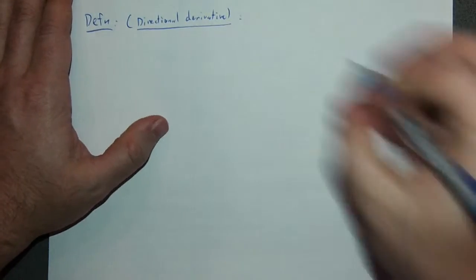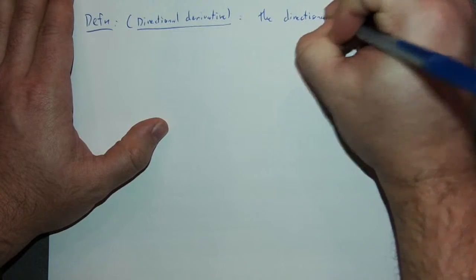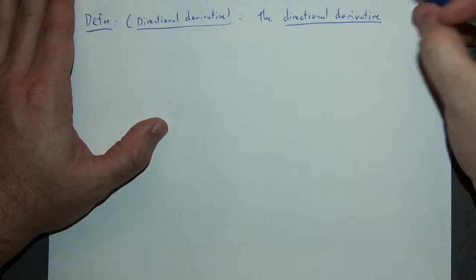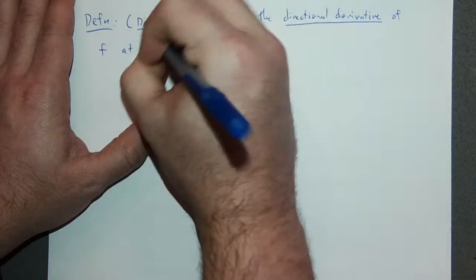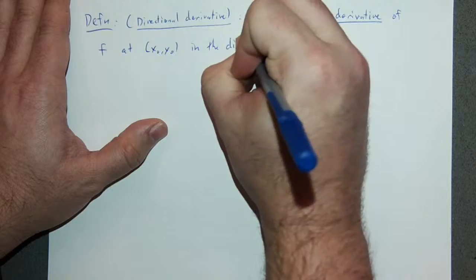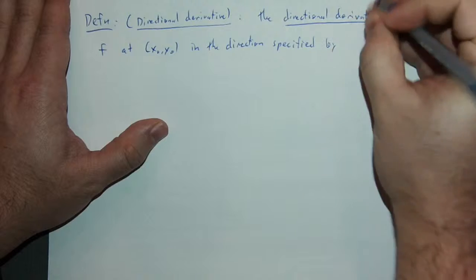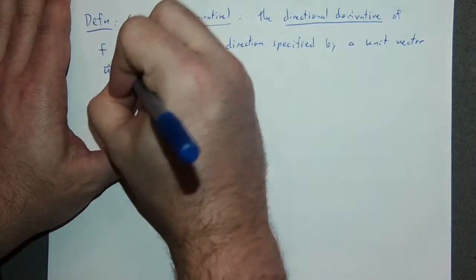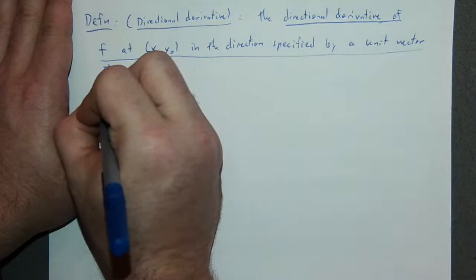The directional derivative of f at x naught, y naught in the direction specified by a unit vector u. So this is a long definition.